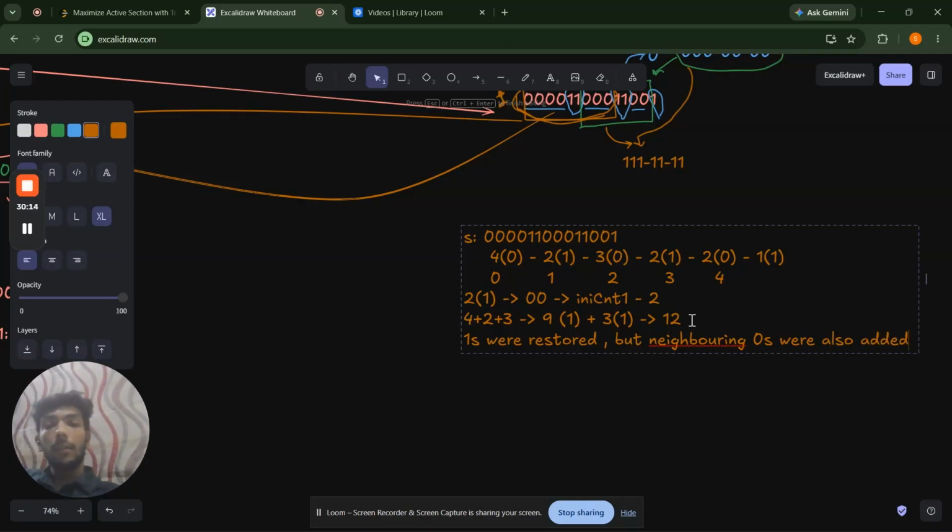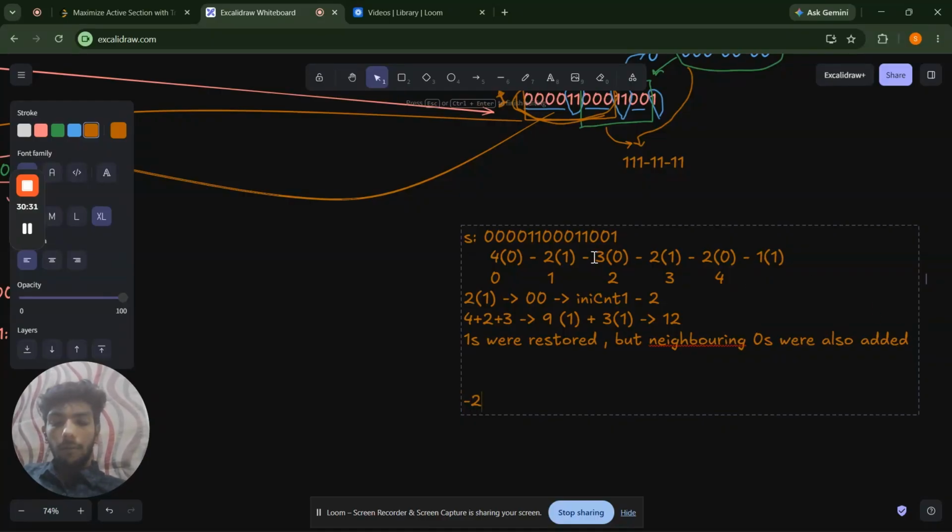Just think like if we have considered this block of twos and it was converted to zeros, we would have first of all lost two ones.